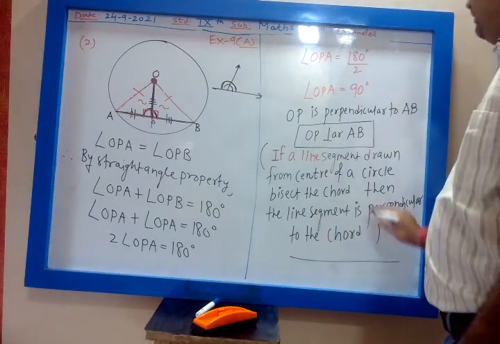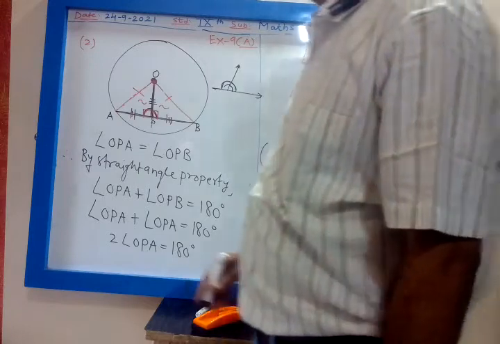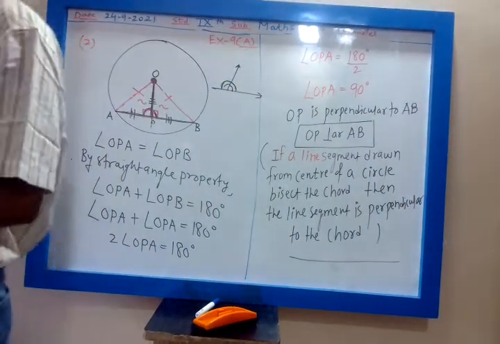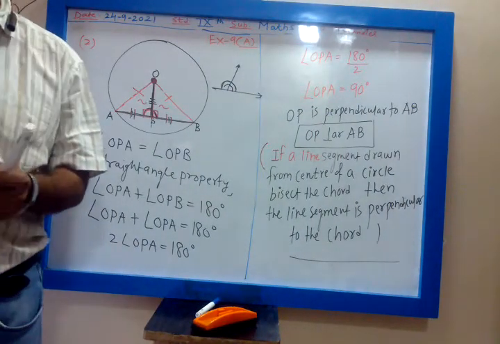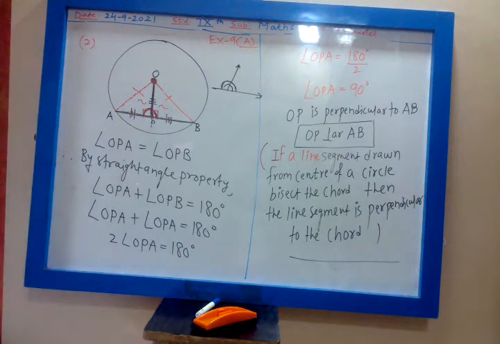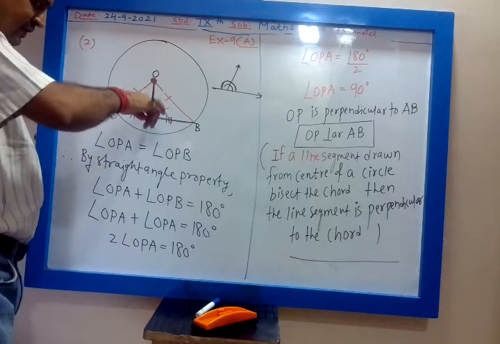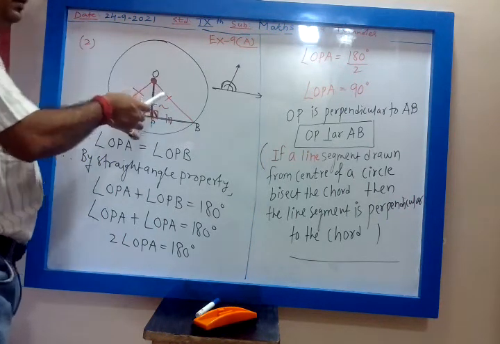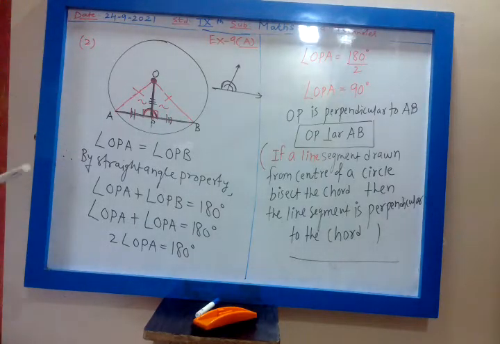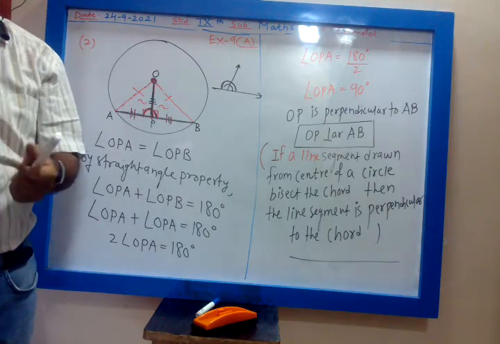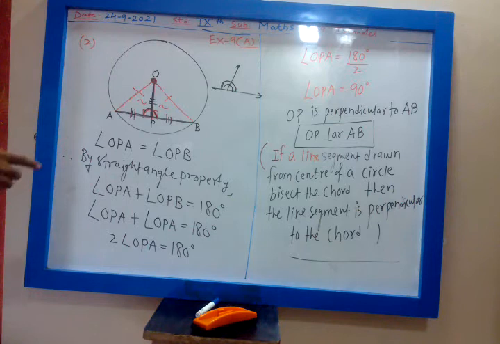If a line segment drawn from the center of a circle bisects the chord, then it is perpendicular to the chord. Clear? This result you are going to use next year, in 10th standard, in the circle chapter.